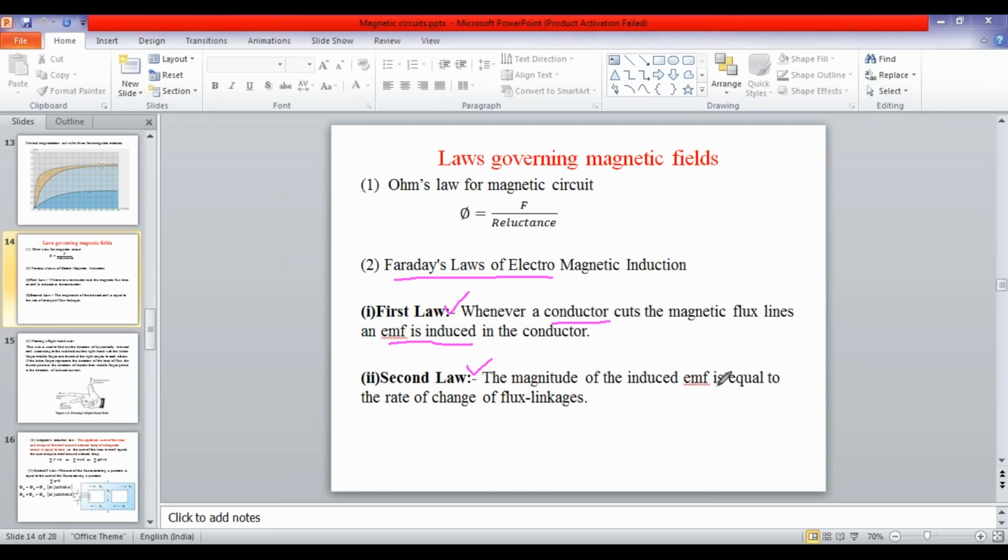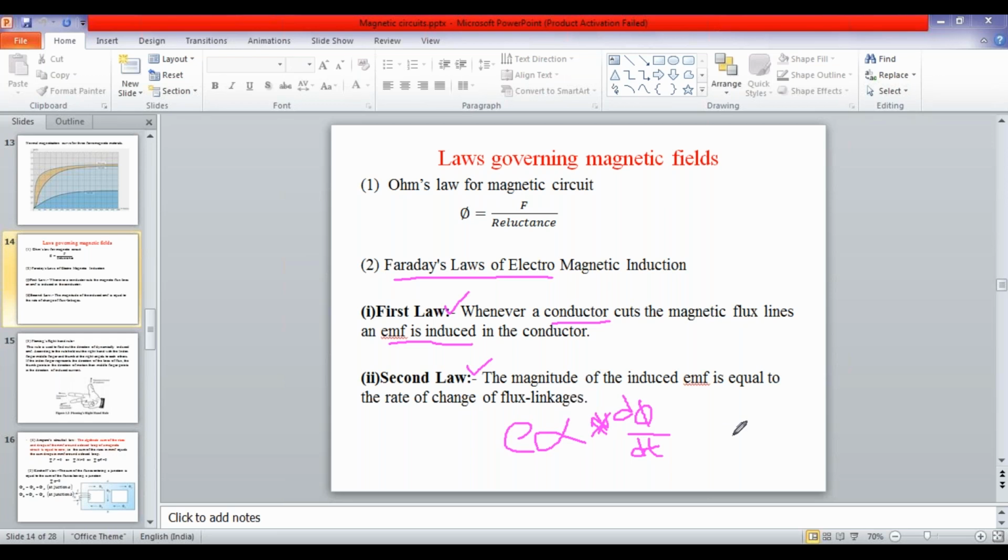The magnitude of induced EMF is directly proportional to N into d phi by dt. The induced EMF is directly proportional to the rate of change of flux linkages. The proportionality constant N is the number of turns.